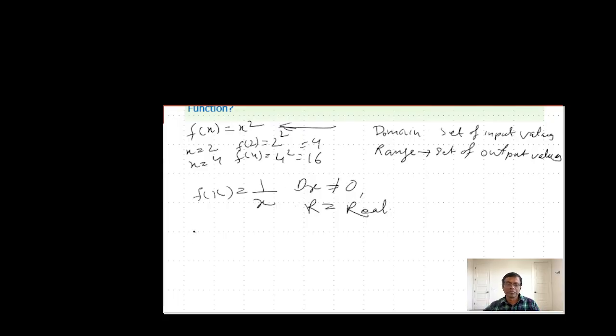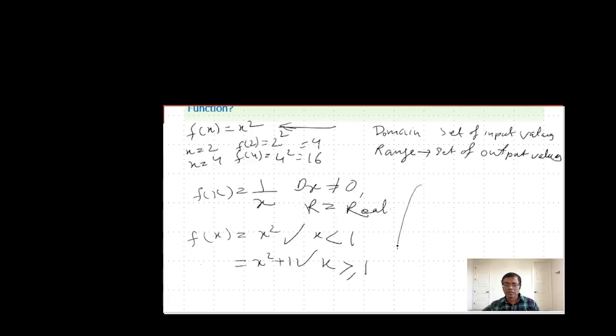Sometimes the function will be defined as f equal to x square when x is less than 1, and equal to x square plus 1 when x is greater than or equal to 1. So in this case, it's a piecewise kind of function where, depending on the value of x, we need to use one or the other.